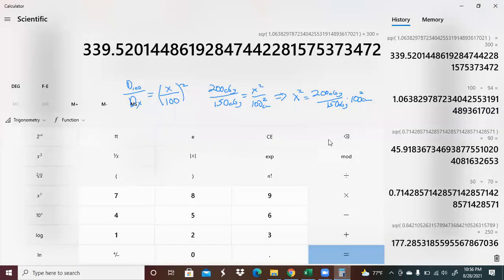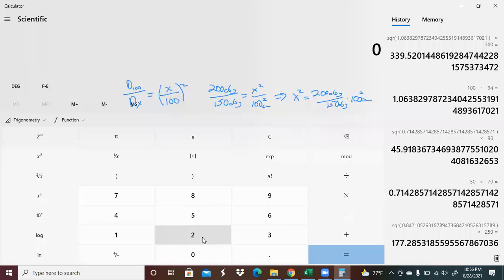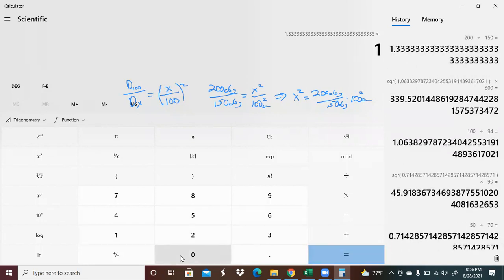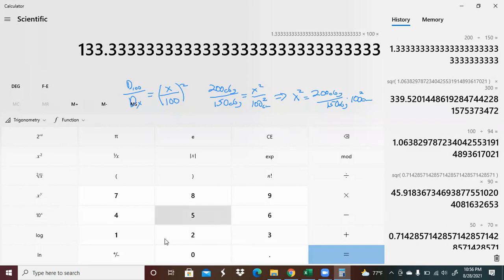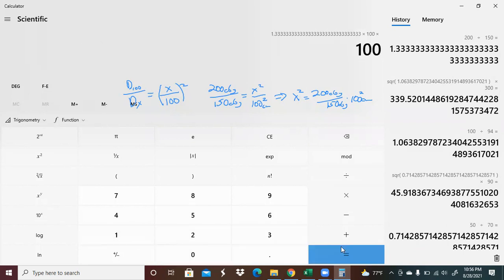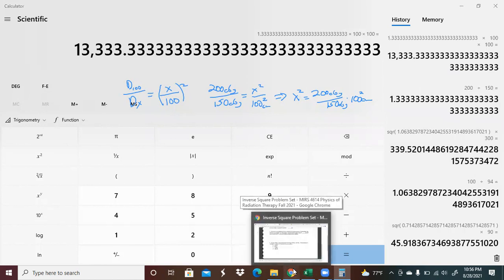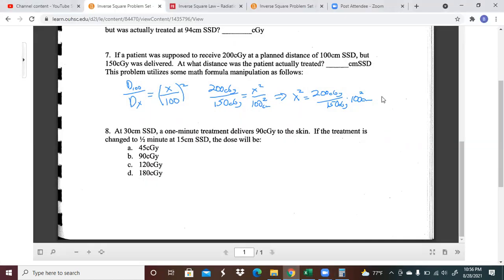So if we go here, we've got 200 divided by 150, times 100 times 100. That's 13,333.33.